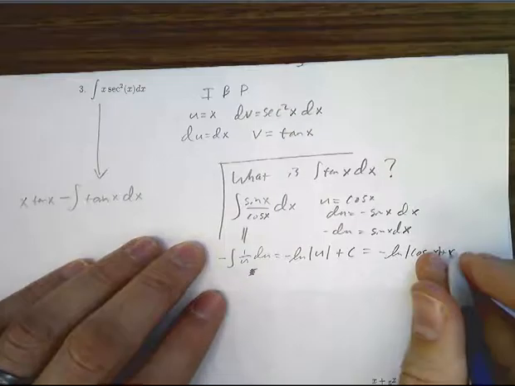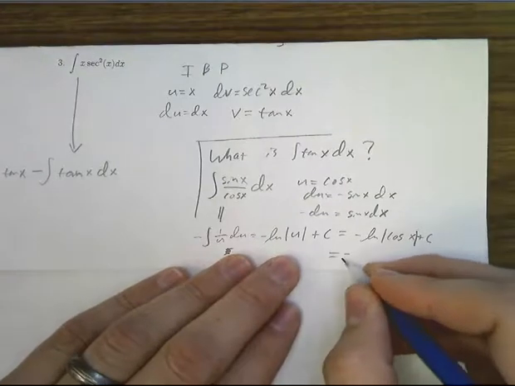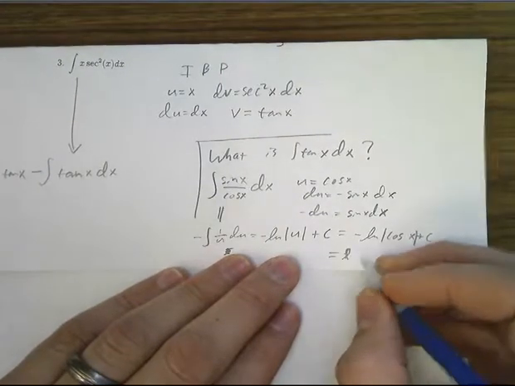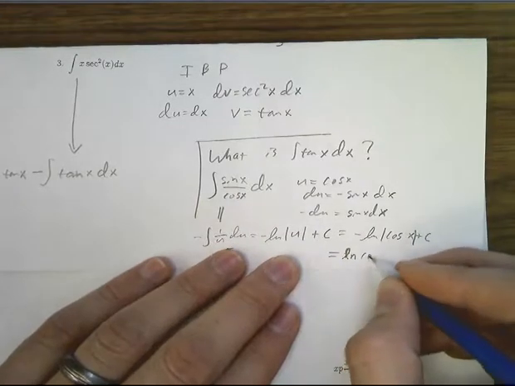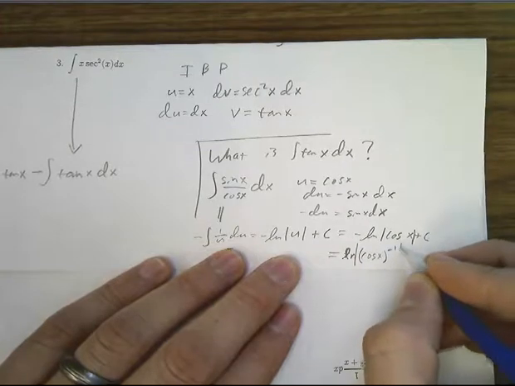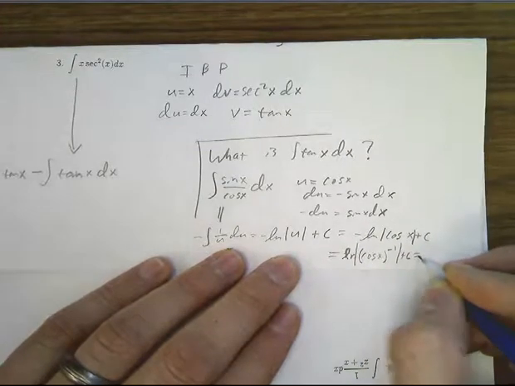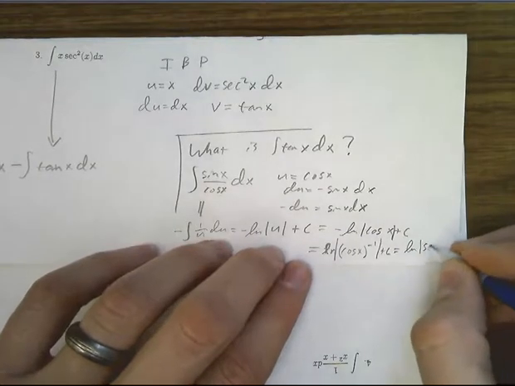Using properties of logs, this is the same as natural log of cosine x to the minus 1, which is the same as natural log of secant x.